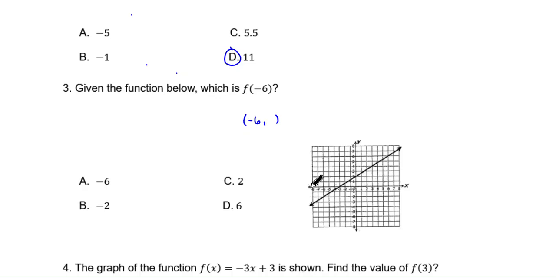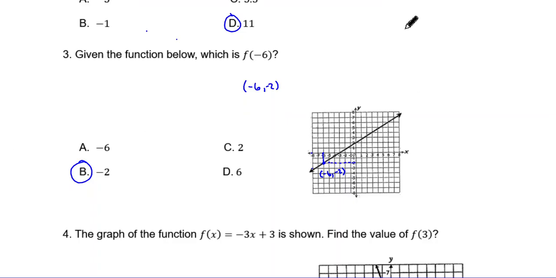So x coordinate is -6 right here, and my y coordinate is... I went too far. That's -8. -6 is right here. When x is -6, my y coordinate is at -2. Basically, it's looking for that point, -6, -2. Okay, and that's how you do that.